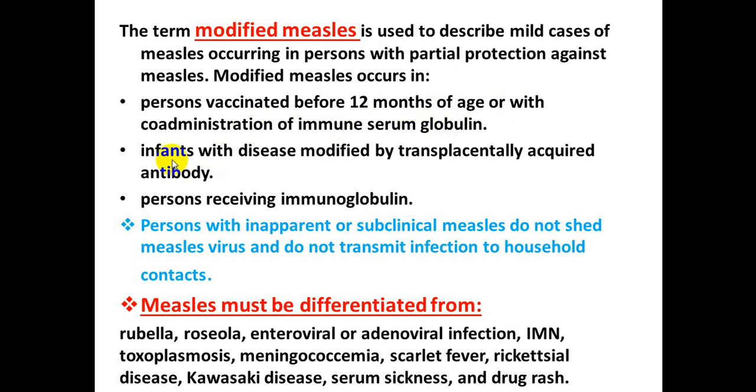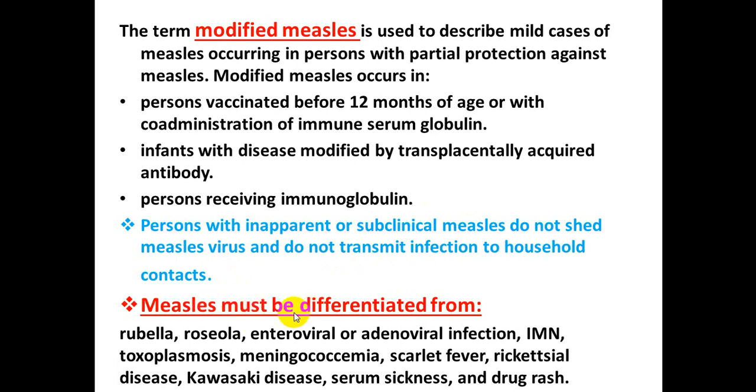Also, it may develop in infants with transplacentally acquired antibodies, or in persons receiving immunoglobulins. Persons with inapparent or subclinical measles do not shed measles viruses, so do not transmit the infection to household contacts.